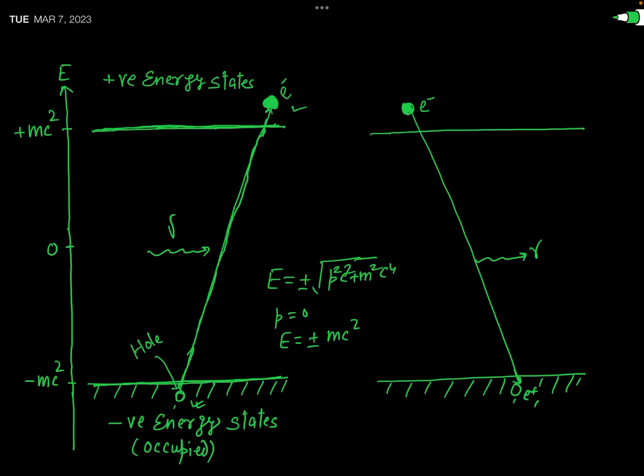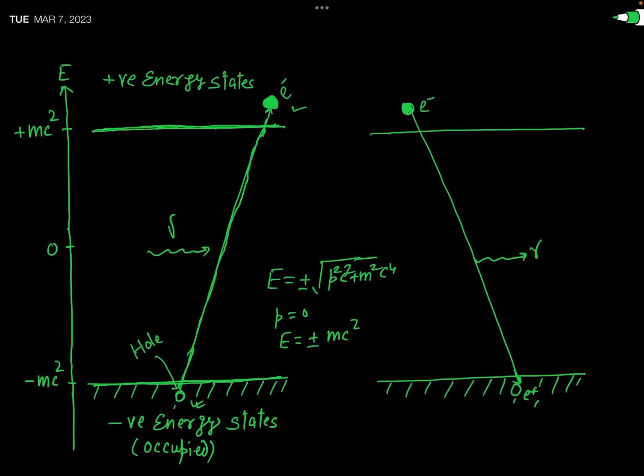So this was a great achievement of Dirac's theory, that it predicts that every elementary particle has an antiparticle. This was a very important consequence of the Dirac theory, that it predicts the existence of antiparticles.